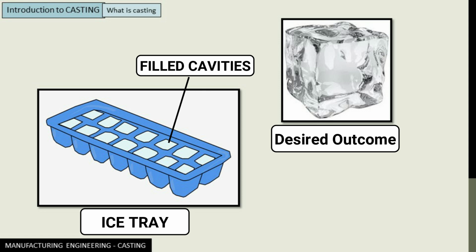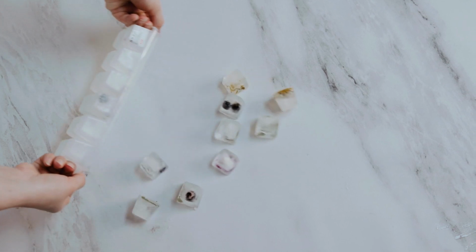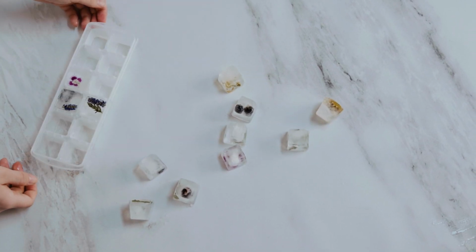And what is this desired outcome? An ice cube itself. The water inside the ice tray solidifies due to the freezing action of the refrigerator, and finally, we have the outcome as an ice cube.